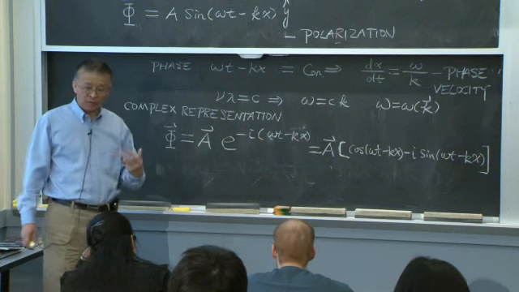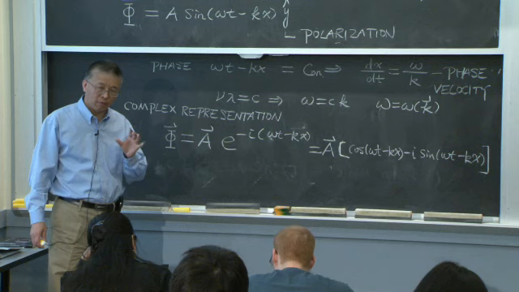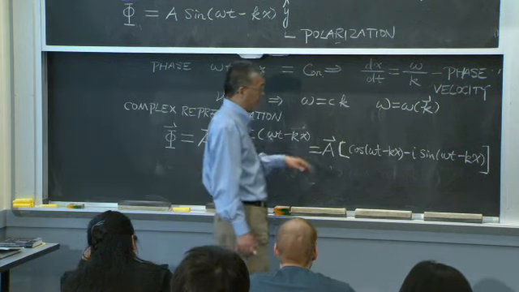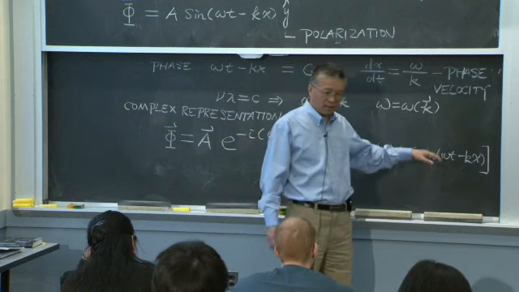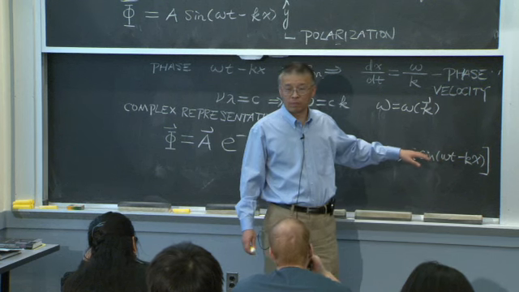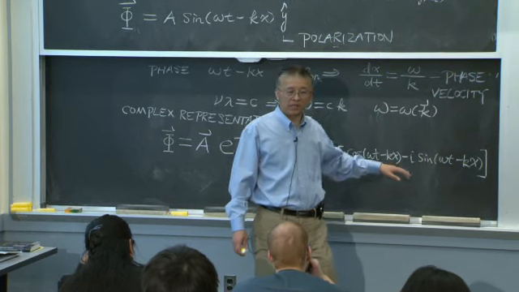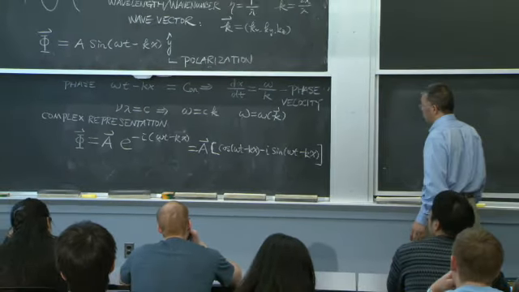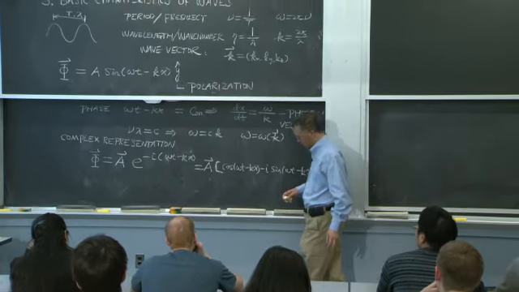If you stick to the imaginary part, again, you have to look at your initial and boundary conditions. As long as you meet those constraints, the imaginary part is your solution. So this complex representation gives you mathematical convenience.